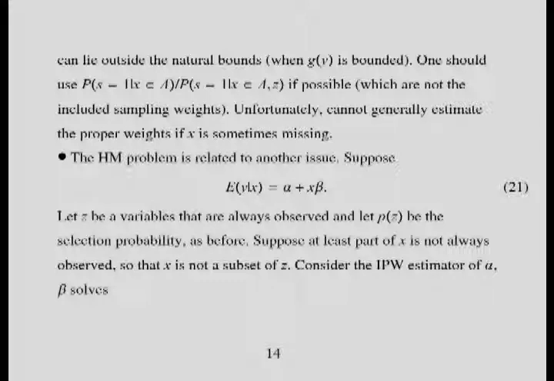Now, there's a related issue. If the weights depend again on variable z, and we want to apply regression analysis, we'd like to estimate the parameters in this population regression. We have missing data on either y or x or both, but we want to use these sampling weights. It's called weighted least squares estimation, but with probability weights.